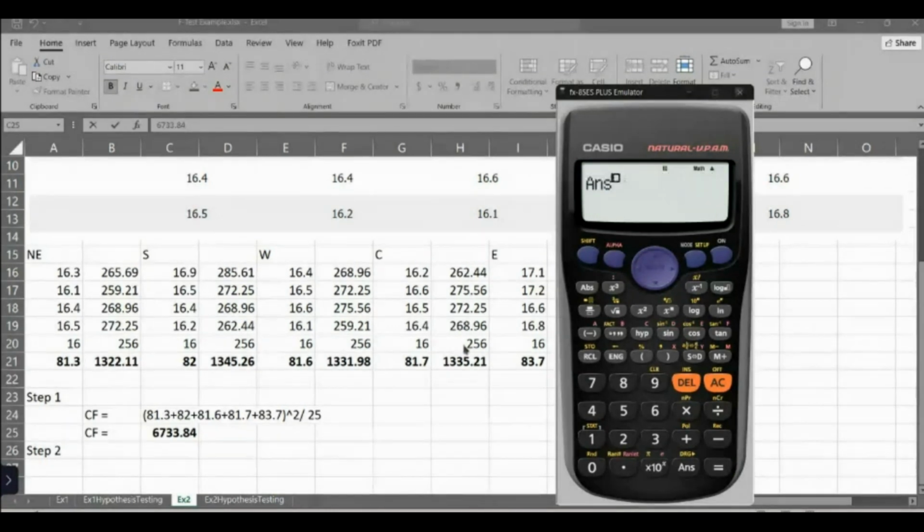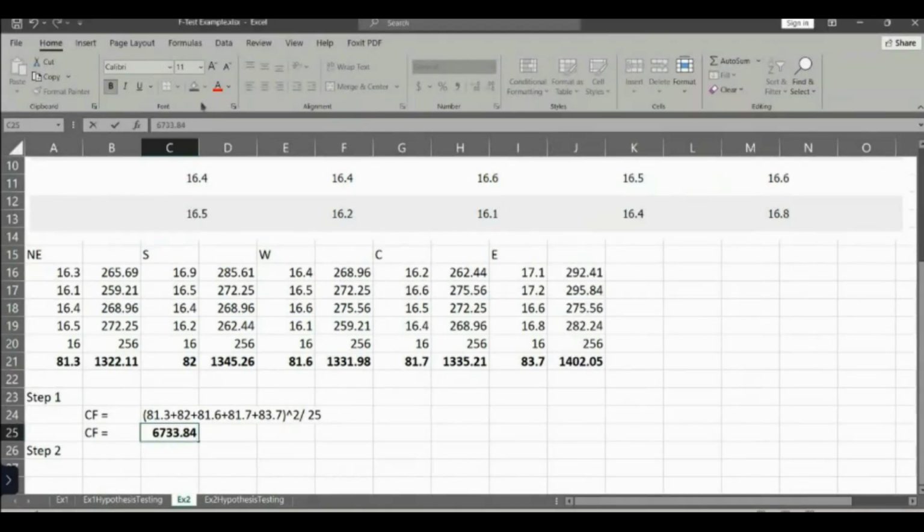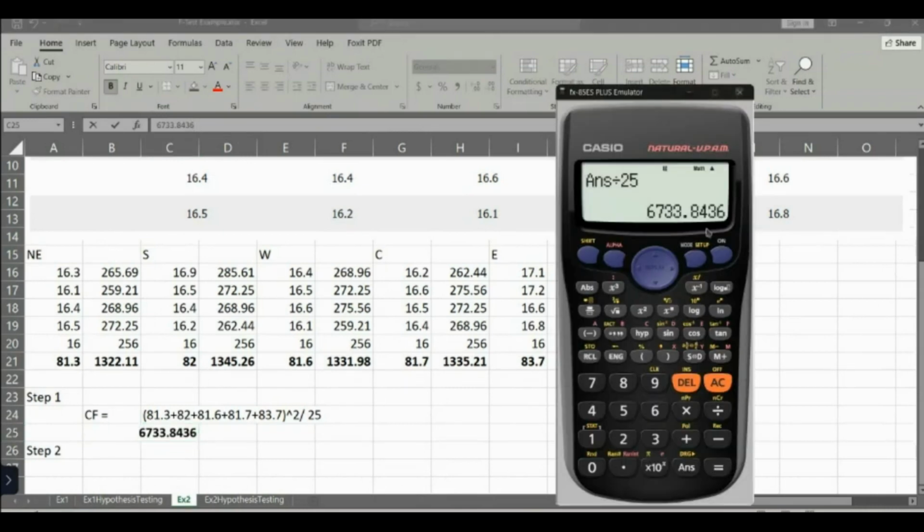Sum, square the sum, divided by 25. Okay. 6733.8436. Since it is terminating, I think it's better if we use the actual value instead of rounding it off. 8436.